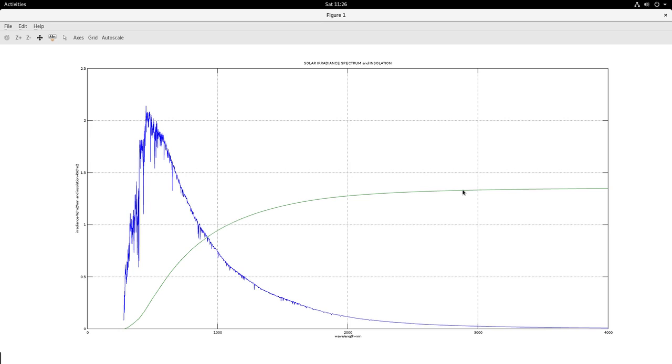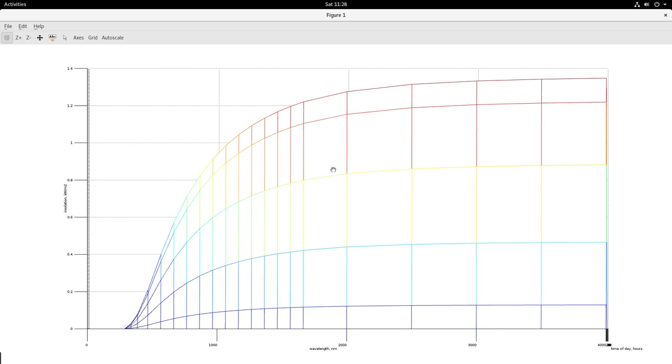So how does one visualize this insolation with respect to time also? Let me introduce in this graph a third dimension, which is the time dimension, and let us see how the insolation plot looks.